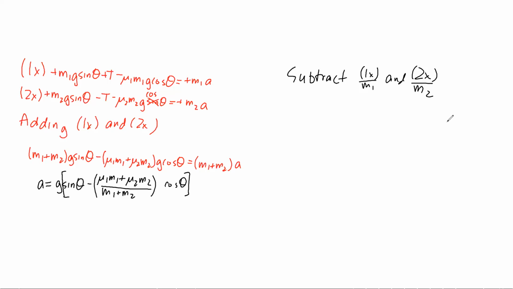Well, in these examples, I don't want to be advocating that we should do as little work as possible. Let's rewrite it out. So 1x would be g sine theta plus T over m1 minus mu1 g cosine theta equals a.